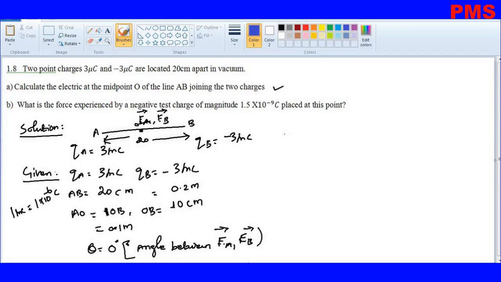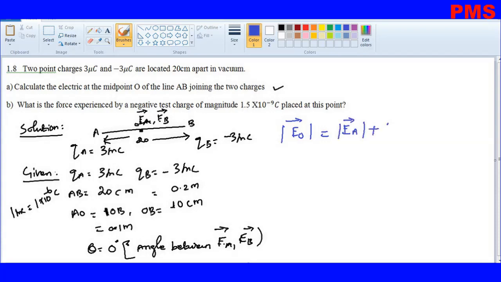I can write the electric field formula: modulus of E naught vector equal to EA vector plus EB vector.